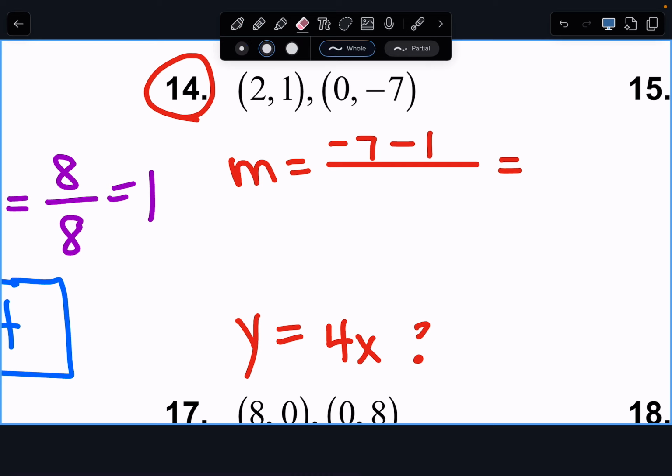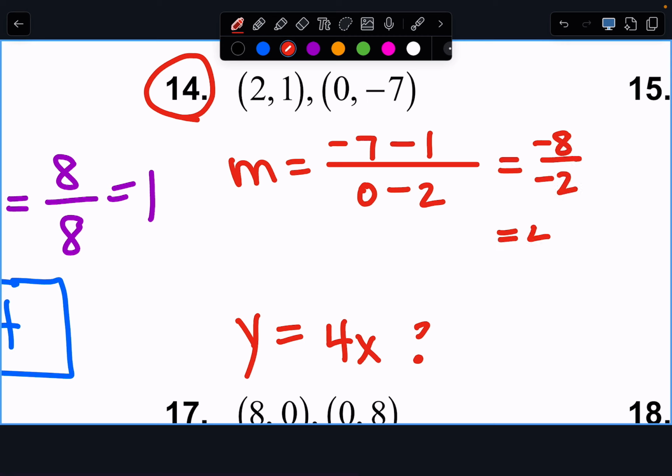Okay, so she has negative 7 minus 1. And then what should go in the denominator? 0 minus 2. So negative 8 over negative 2. Her slope of 4 is fantastic. But she was kind of questioning what she should put here.